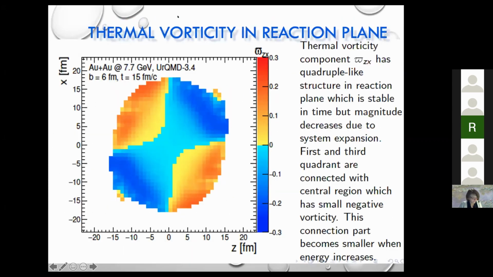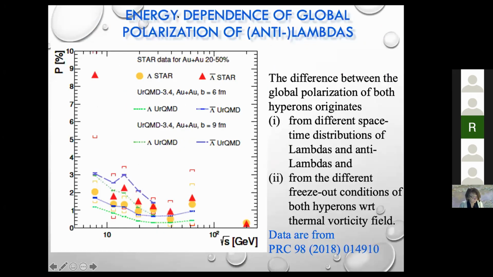Well, from the model point of view, it's quite robust. You mean in the model in UrQMD, but maybe in another model it can be something different, or opposite?